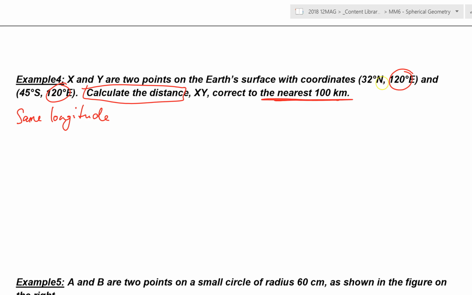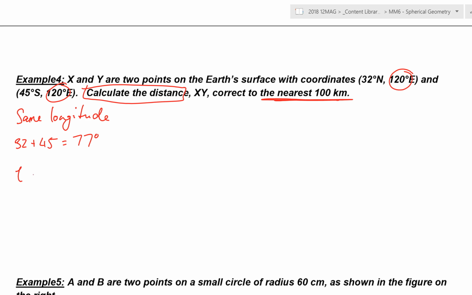So we need to work out theta for our formula. Now I've got north and south. They're different, so we add them. 32 plus 45 equals 77 degrees in angular difference. Now we put that into our formula, keeping in mind the other things are always fixed.